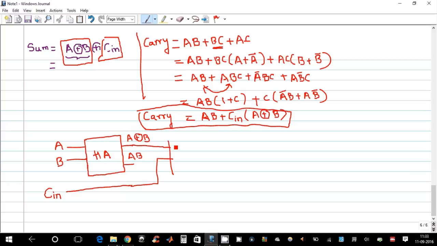So now if I give this input along with this input to one more half adder, the sum output of this half adder will result in XORing of this input with this input. So this input is nothing but A XOR B, and the other input is our C in.